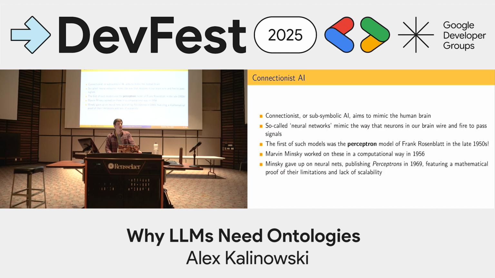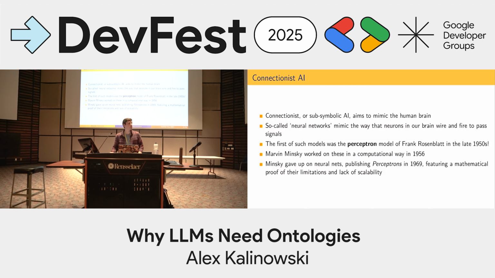Versus connectionist AI, or sub-symbolic, where AI tries to mimic the human brain. And this is the entire field of neural networks and deep learning. And the first of those models was the perceptron model. And this actually came out in the late 1950s, but was not really used because we didn't have the compute nor the data to make that thing work.